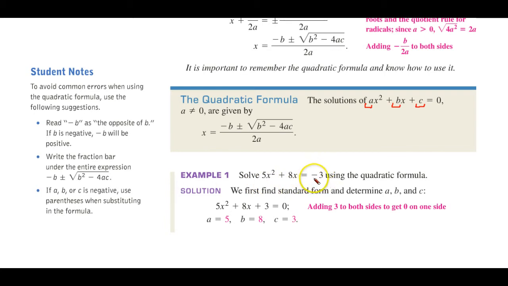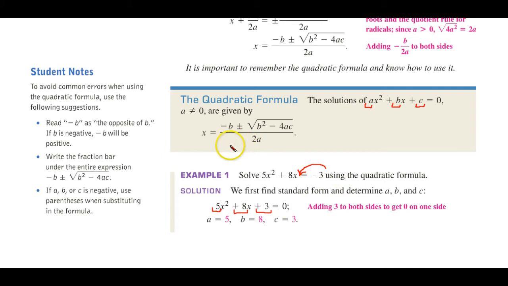So we have to transpose this -3 to the other side, where it will become a +3, and then equate it to 0. So now we have it. We have our A, which is 5, our B, which is a +8. Again, if it's positive, we don't mention the sign. And our C, which is a 3.